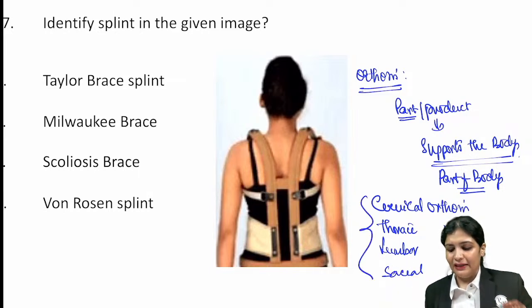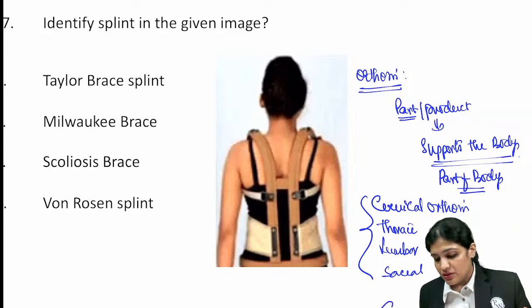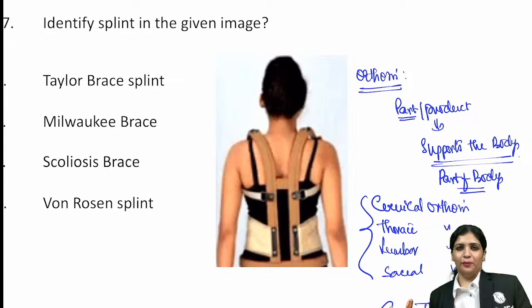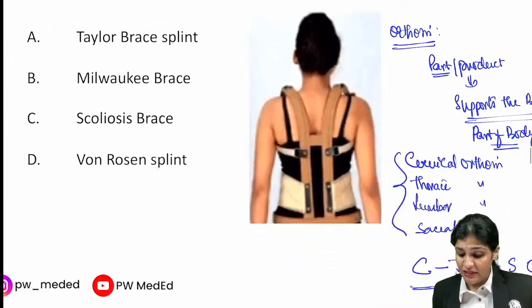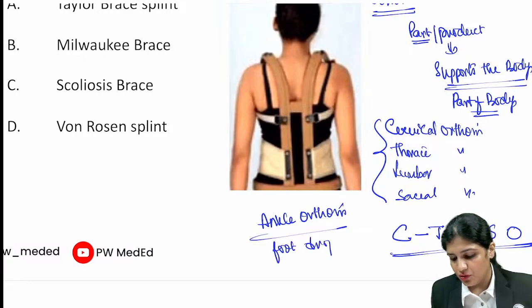So if it is supporting the entire spine, it is called the cervical, thoracic, lumbar, sacral orthosis, that is CTLSO. Right? So if it is supporting the ankle joint, it is called the ankle orthosis. So the foot drop splint is an example for your ankle orthosis, right?